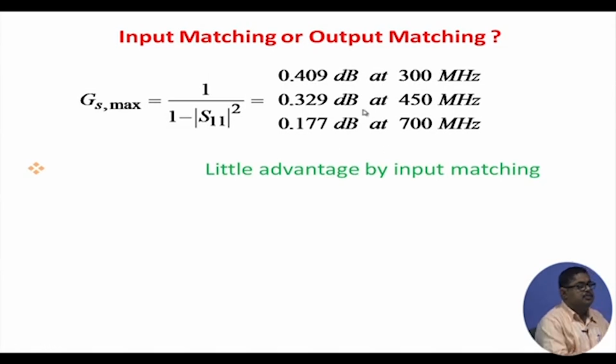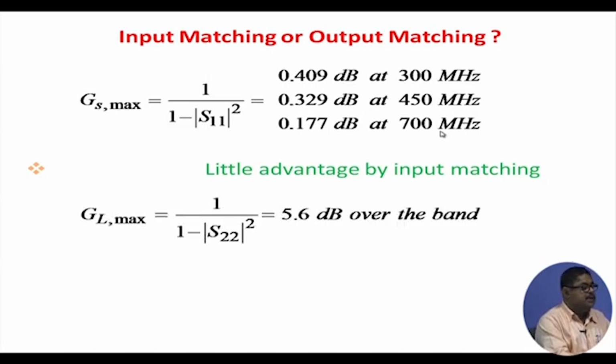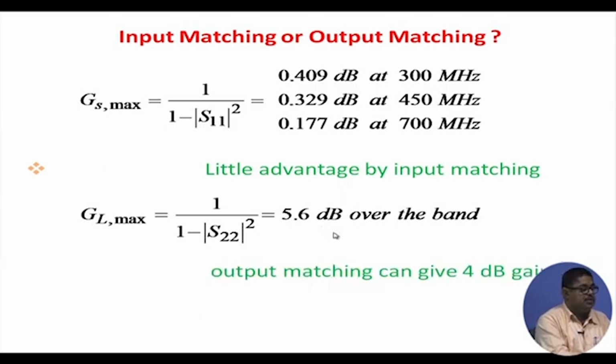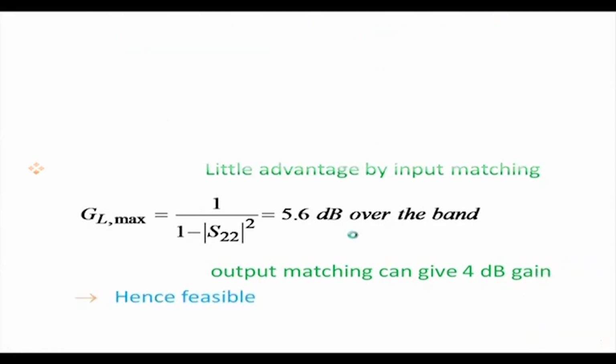Little advantage you see, not much I am getting from input matching, but let us see the output side. From the output side I can get a gain of 5.6 dB over the band. So, output matching can give me the 4 dB that I require at 700 megahertz. So, it is feasible. Suppose I did not get 5.6, but got 2 dB, then I would say that no, with this transistor I cannot have that broadband design, but here we are getting it. So, let us proceed, hence it is feasible.